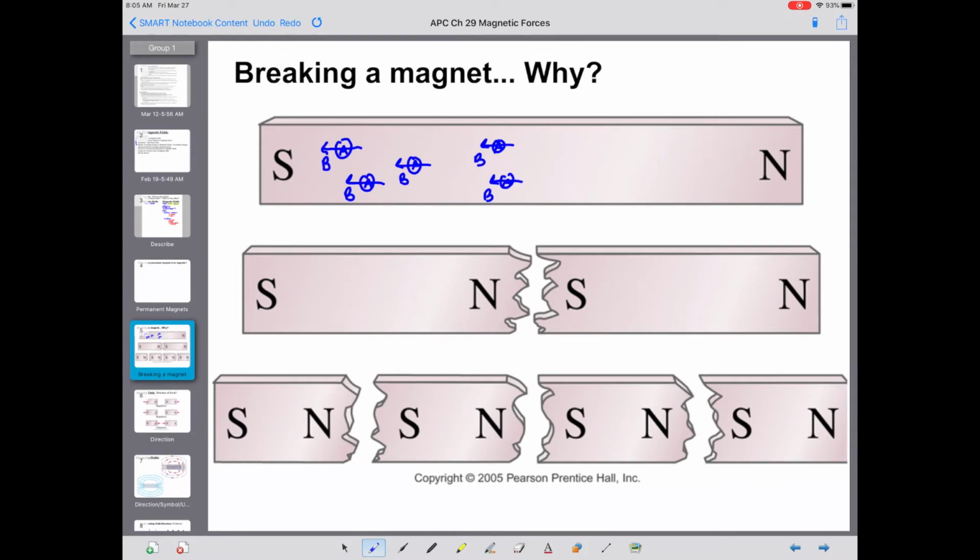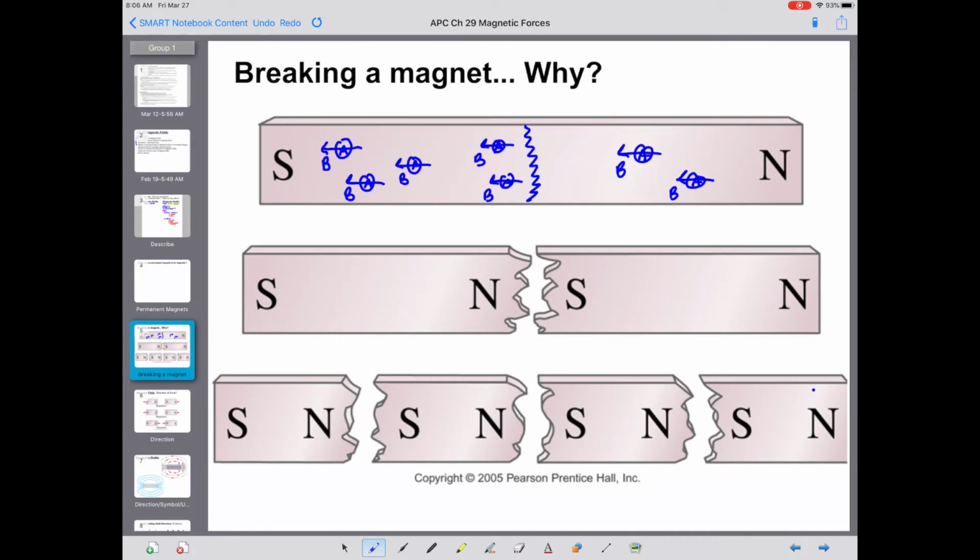Now, in that case, when you break a magnet, if I break right there, I still have atoms, once I draw a few more, on both sides that produce magnetic fields. So then what I have is, when it's broken, two separate magnets. I don't separate the north and south pole. In fact, each little atom magnet has a north and a south to the magnetic field that it produces.